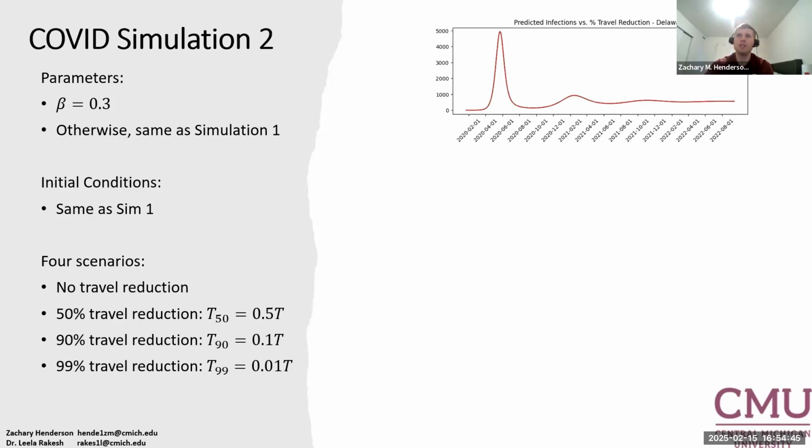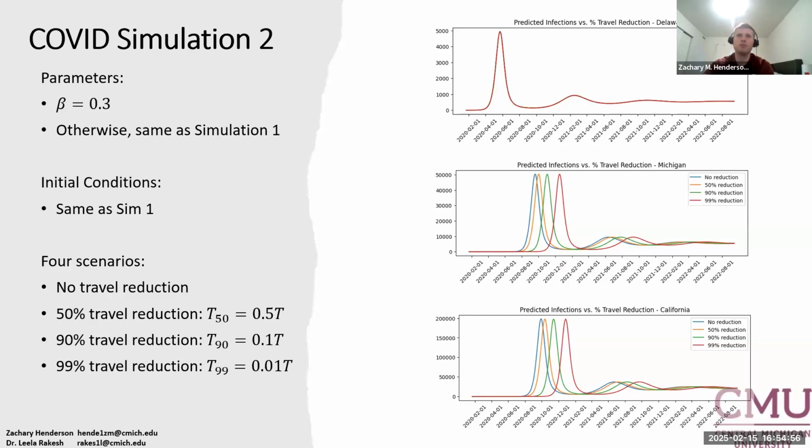In this case, for the epicenter, almost nothing changed when we changed the amount of travel. The disease is still going to propagate inside of that epicenter location. But for the other locations, we see that reducing travel by dampening our matrix pushes back what's happening with the disease. But it does keep the same shape, which is interesting, maybe an artifact of the model, but something to consider as well.